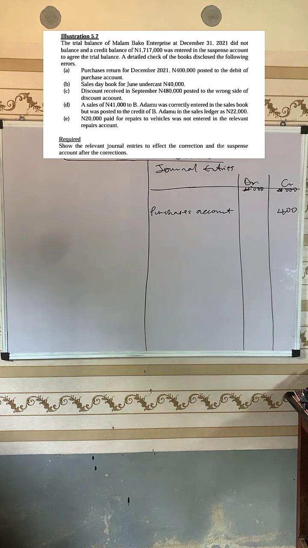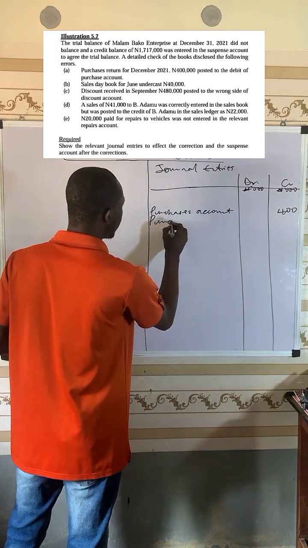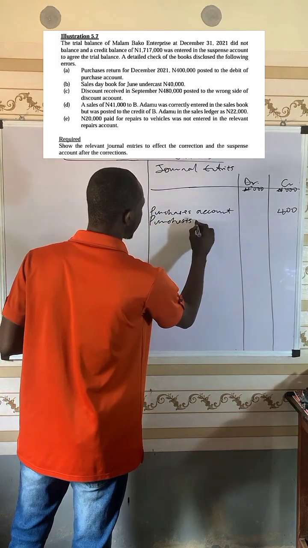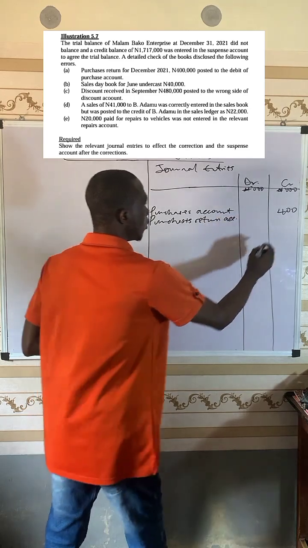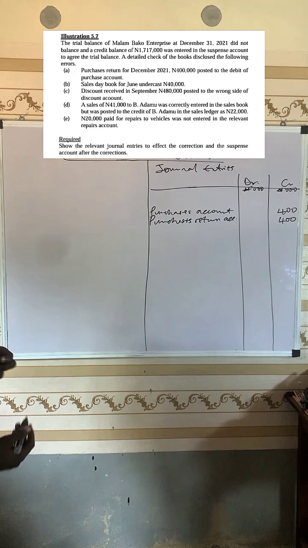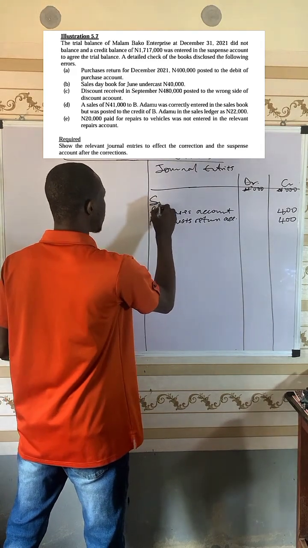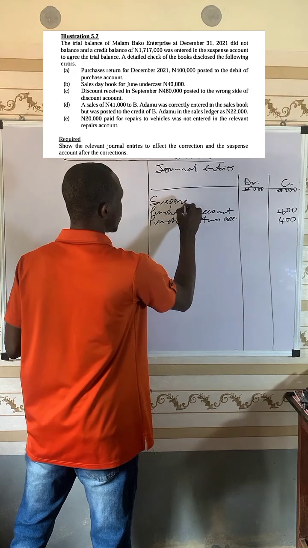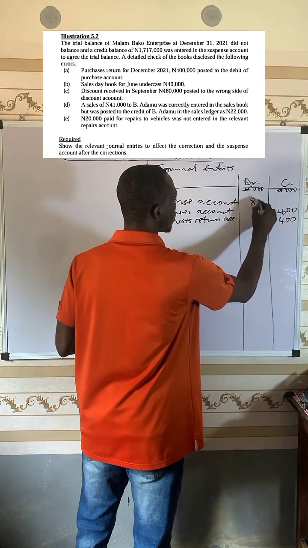Then the actual posting, which is to credit purchases return account, also 400,000. Addition of the two, that's 800,000. So we are debiting our suspense account with 800,000.